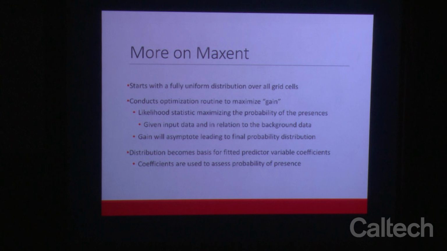It starts with a fully uniform distribution over all the grid cells, and then tries to maximize gain using a likelihood statistic, getting the best probability of presences given the input data in relation to the background. This leads to a final probability distribution from which you can generate variable coefficients for defining probability of presence.